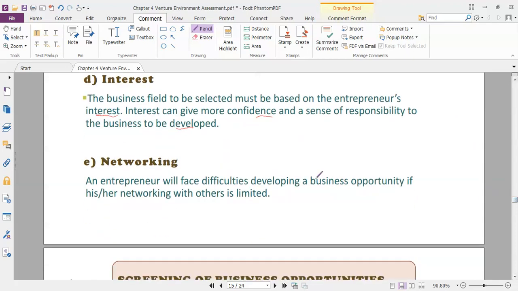And then networking. To be a businessman, an entrepreneur, you have to develop your own networking, so you need to be known by all people. If you look nowadays, they not only use good marketing, but they also use bad marketing.